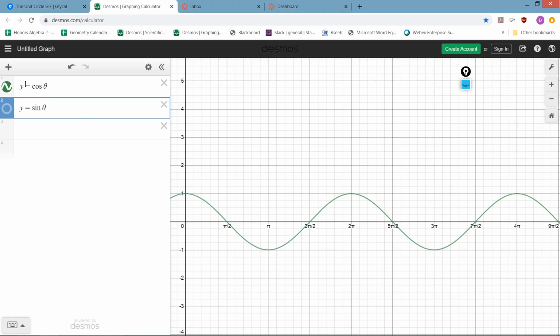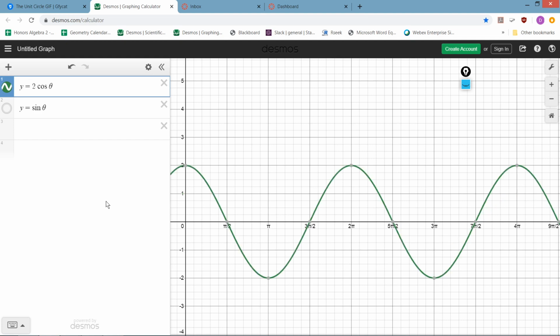So when I'm doing y equals cosine theta, you guys know what's the biggest value that I can get. It's 1. Well, what if I take the result of cosine theta and I multiply it by 2? If my highest value before was 1, what do you think my highest value is now? Hopefully you guessed 2.